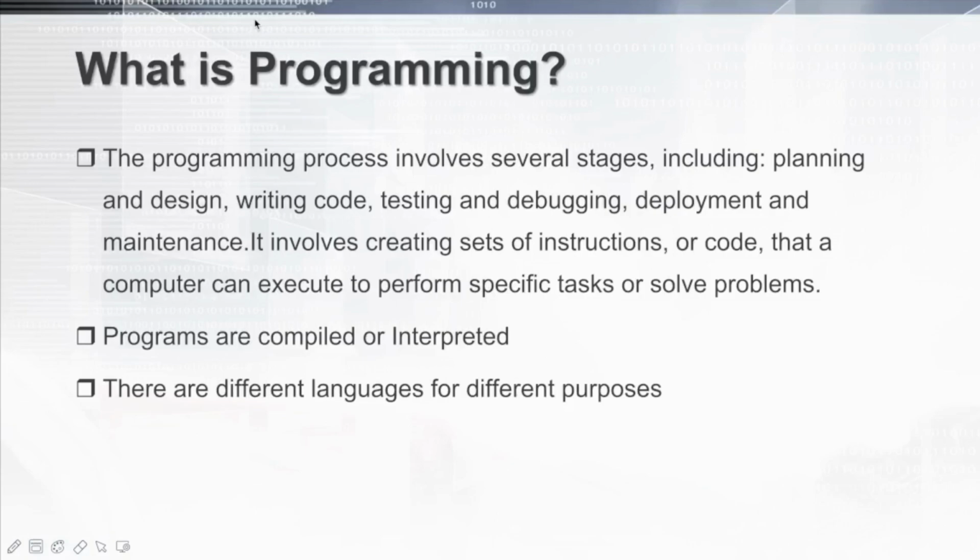So we have different languages for different purposes. For this course, we are going to focus on JavaScript, and JavaScript, like I said in the introduction part, is meant for web. You can use it for web, you can use it for mobile application development, you can use it for desktop application development, you can also use it for IoT, and so on.